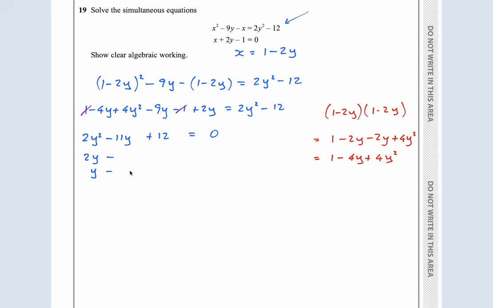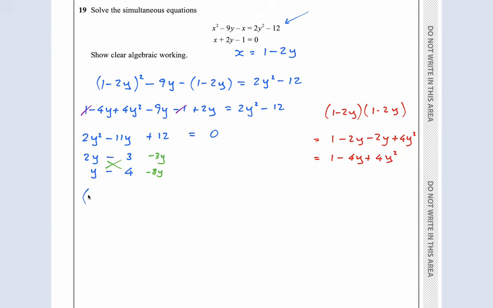And it's going to be 4 and 3 because when I cross multiply, I'm going to get minus 8y and minus 3y, which gives me minus 11y. This bit, guys, I'm well aware is hard. If you still don't know how to factorize, just use the quadratic formula or use your calculator and then kind of reverse engineer the factors.